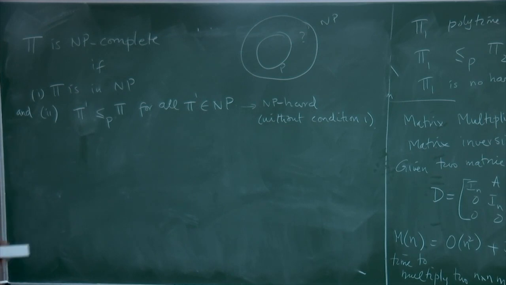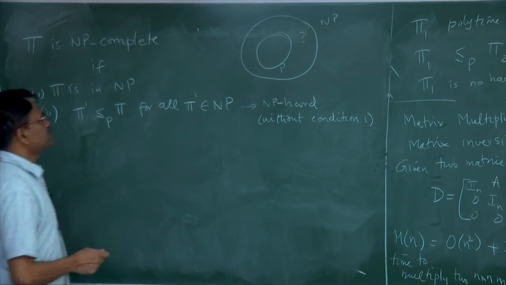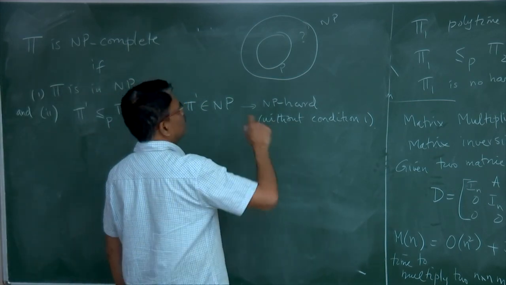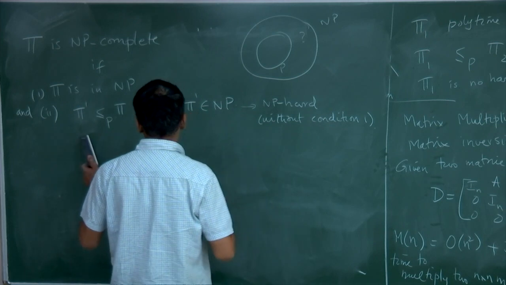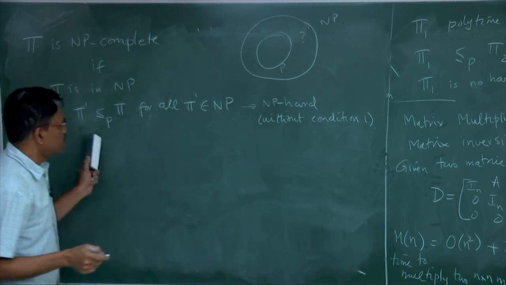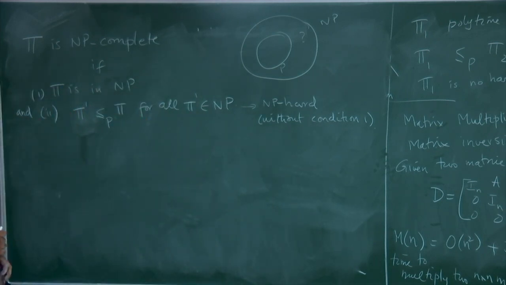And what we are calling an NP complete problem is a problem which is in NP, and every problem in NP reduces to that problem in polynomial time. Okay, so we don't know whether there is such a problem at all. I mean, you probably know already, but you know when it was defined.